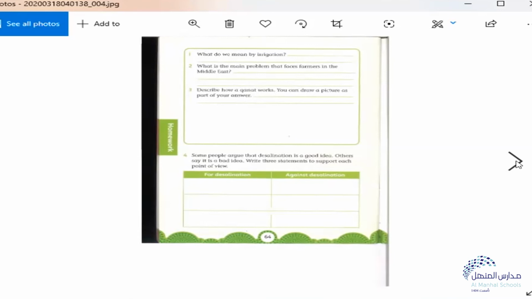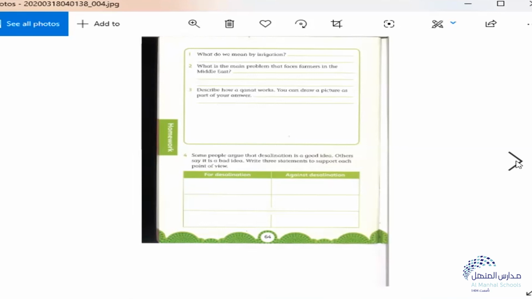That's number two. So there's a lack of water. The main problem is there's a lack of water, and there are no permanent rivers and lakes in the Middle East.